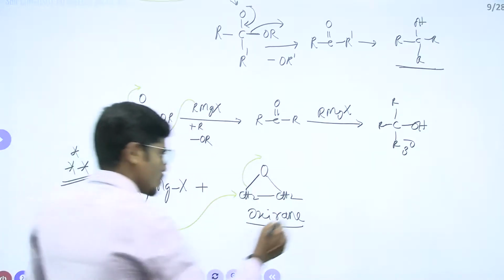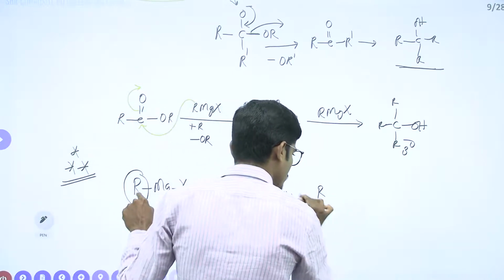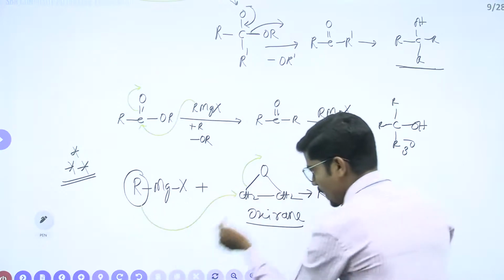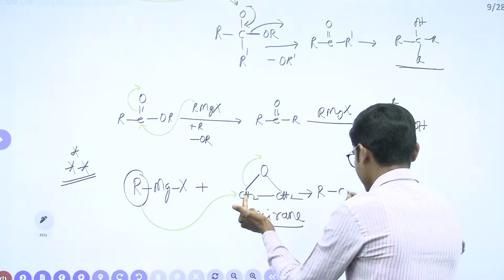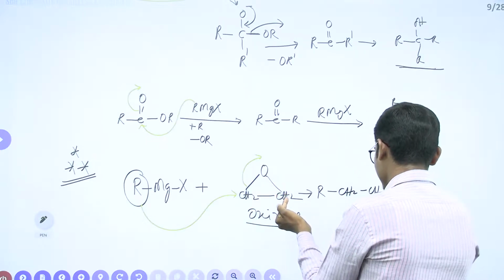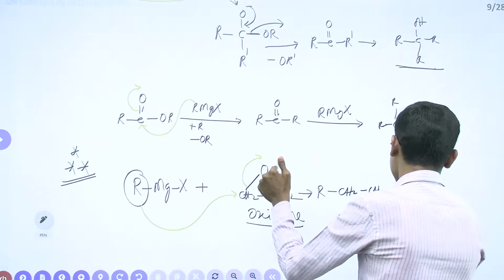So this R group attacks this carbon atom, a CH2 linked with another CH2 group, and then there is one O minus.